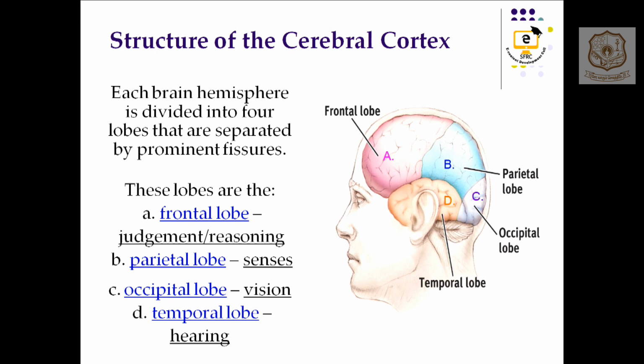What fissures mean is that the visible part of the brain is called the cerebral cortex. You have deep fissures, you have sulcus, you have gyrus. The deep depressions are called sulcus, and the upper folds are called gyrus.